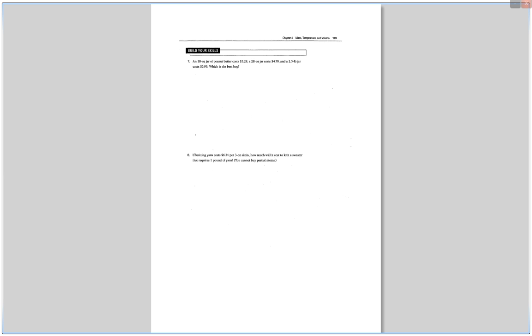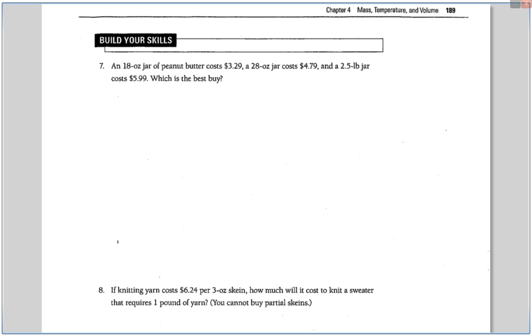Alright, these next questions will probably involve money. So once you figure out the weight or the mass, then you just times it by the rate of money, okay? Just make sure the units are lining up as well. So 18 ounces of peanut butter, 28 ounces of this peanut butter, and 2.5 pounds of this peanut butter. Which is the best buy?